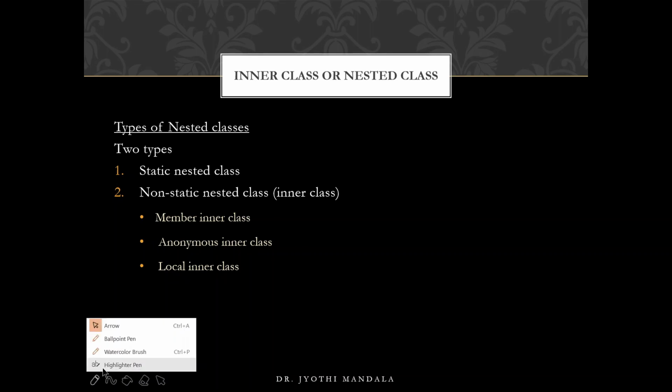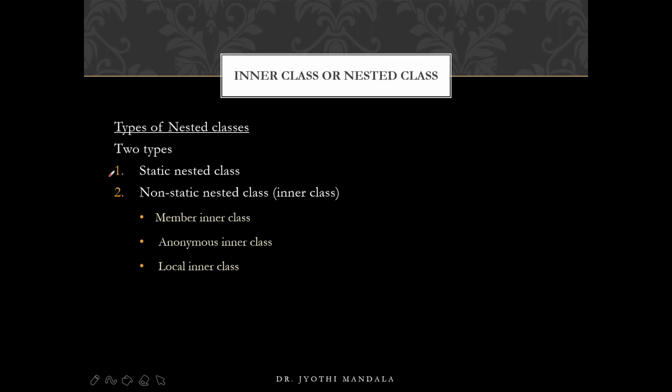Now we'll see with an example the first category, the static inner class, which is also called a nested class. From now onwards we will consider inner class to be nothing but a non-static inner class. Now we are discussing the static nested class, so that's why it is referred to as a nested class only.